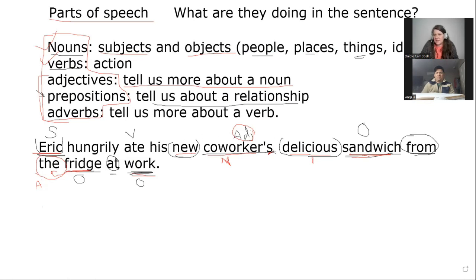adjective, this we would call a pronoun, an adjective pronoun, an adjective. This is a noun acting like an adjective. Adjective, noun, preposition, article acting like an adjective. Noun, preposition, noun.